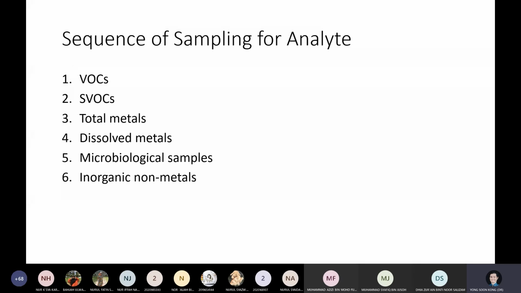The one that is very mobile and changes very quickly, or gets contaminated very easily, you have to sample first. Not only sample first, analyze first as well. So these are the principles. The strategy is quite straightforward.